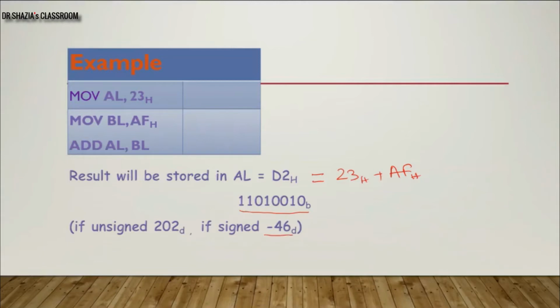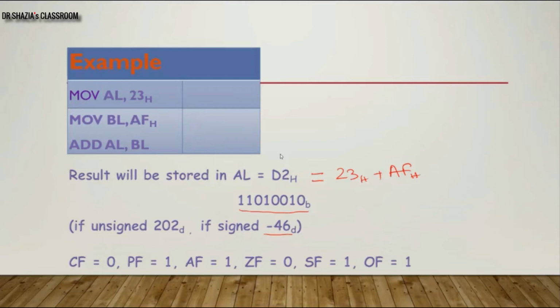So this D2H, or 11010010, can be interpreted as either 202D if you are in unsigned arithmetic operation, where the numbers are unsigned, or it will be equal to minus 46D if you are considering the numbers to be in signed arithmetic operation. Now, based on the result, we are going to look into how the flags get affected.